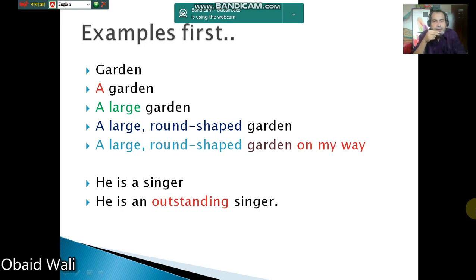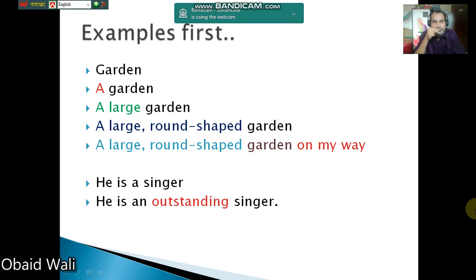Here you see the word garden is placed, then a garden, again a large garden, again it is enlarged by some other words, a large, round shaped garden. Again, in the fifth line you see some more words are added here, a large round shaped garden on my way.